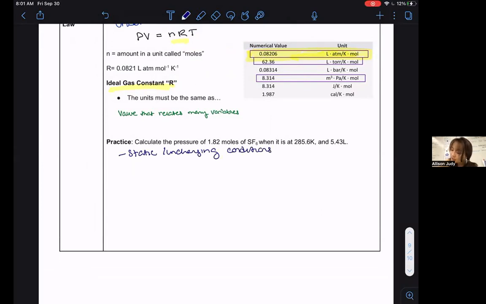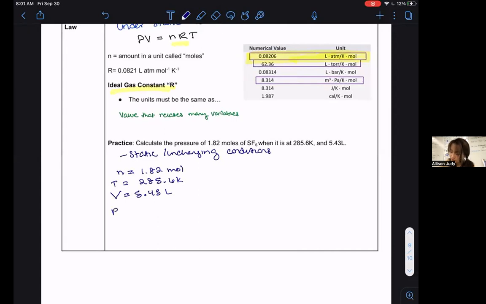You are given amount in moles, 1.82. You are given temperature in Kelvin, 285.6. You are given volume in liters, 5.43 liters. And you are asked to find pressure in ATM.